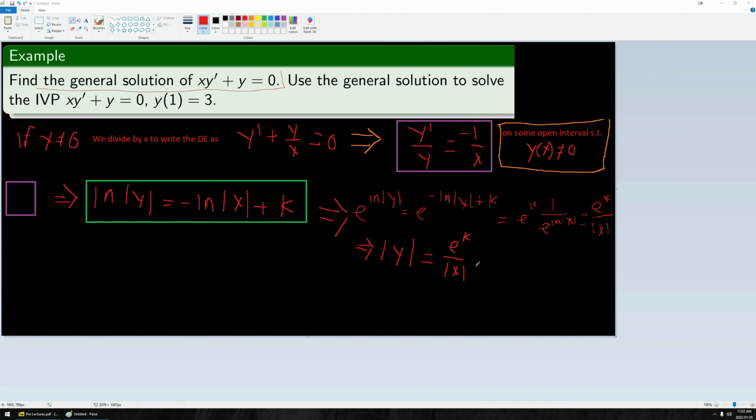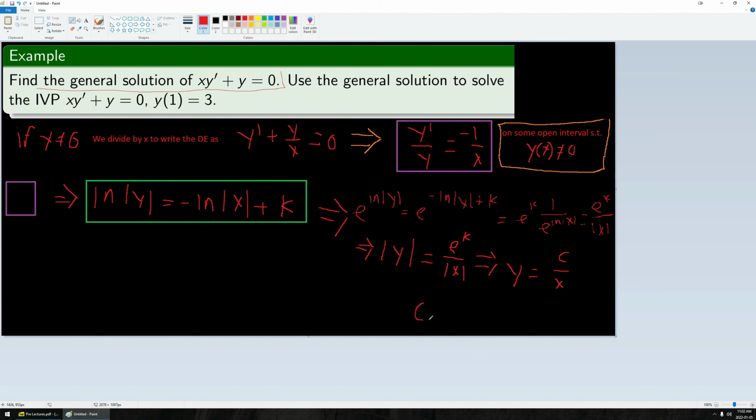So if I want to rewrite this and say that y is equal to, say, c over x, this would be the form if I just drop the absolute value, I need to be careful to determine exactly what c is in terms of this e to the k, and maybe plus or minus or some other things floating around. So let's see what c would need to be for two different cases. The case where y is positive and the case where y is negative, or really non-negative and non-positive.